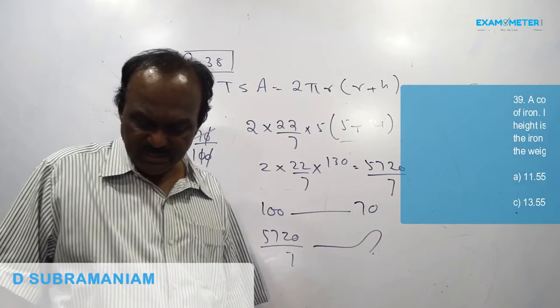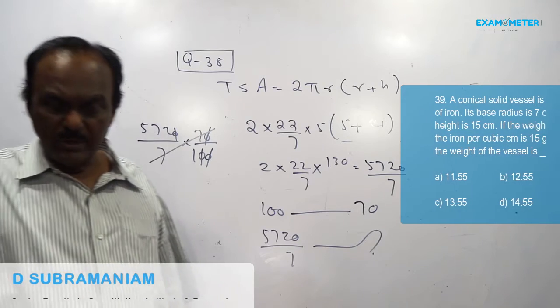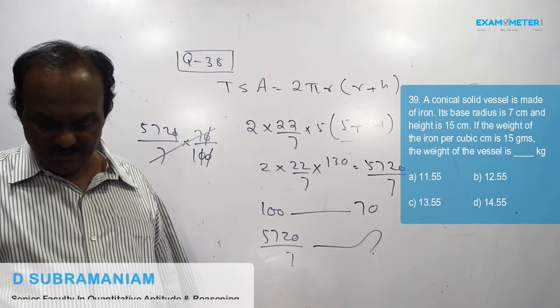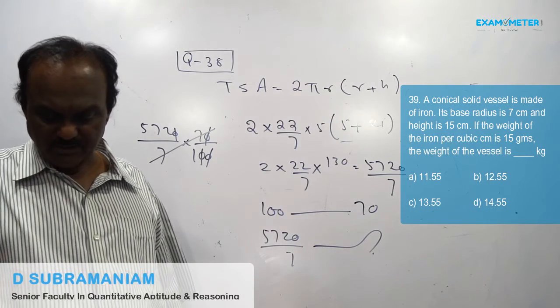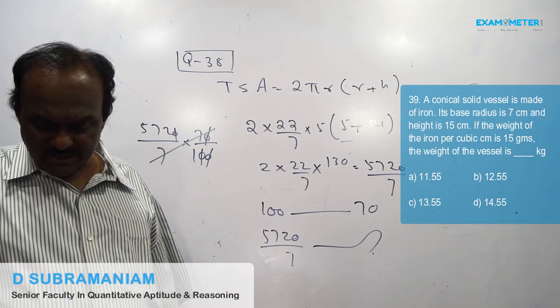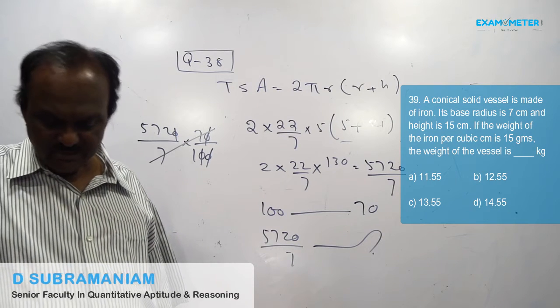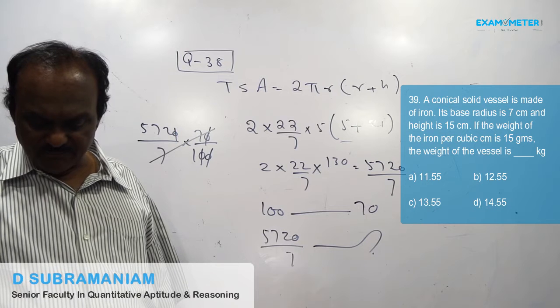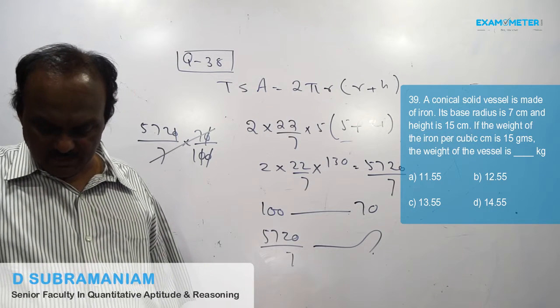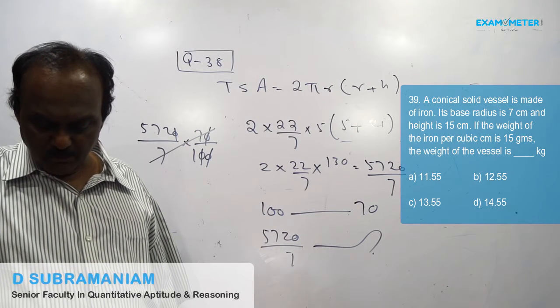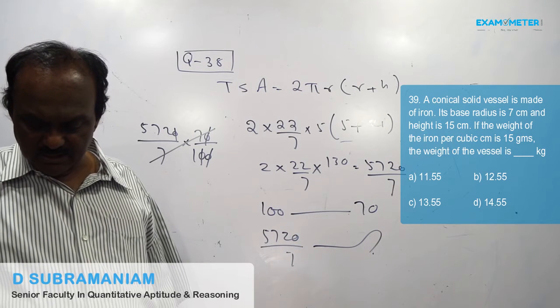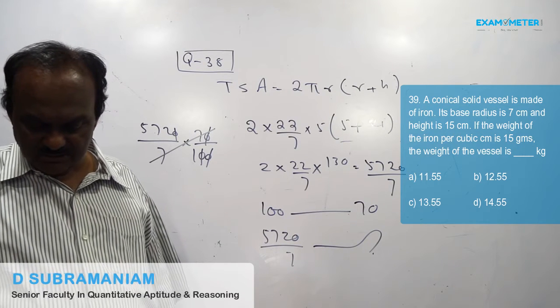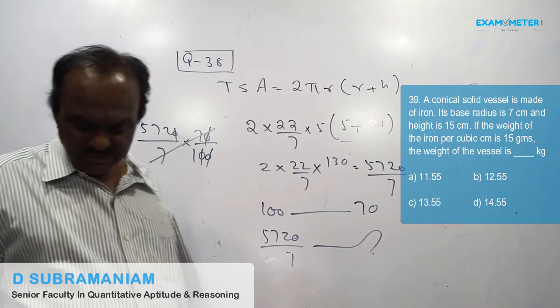Question number 39. A conical solid vessel is made up of iron. Its base radius is 7 centimeters and height is 15 centimeters. If the weight of the iron per cubic centimeter is 15 grams, the weight of the vessel is how many kg?